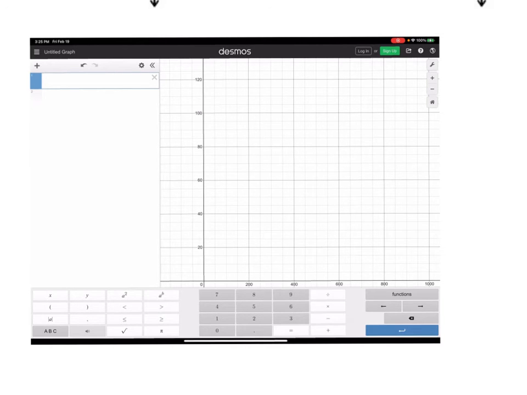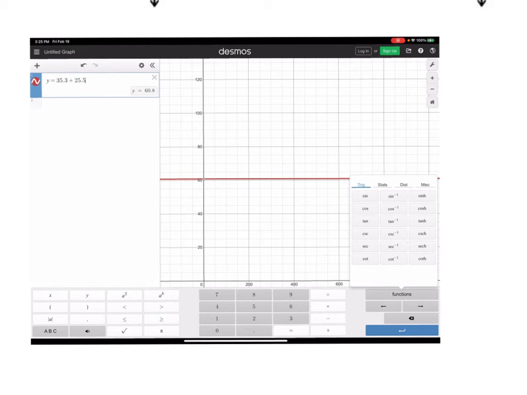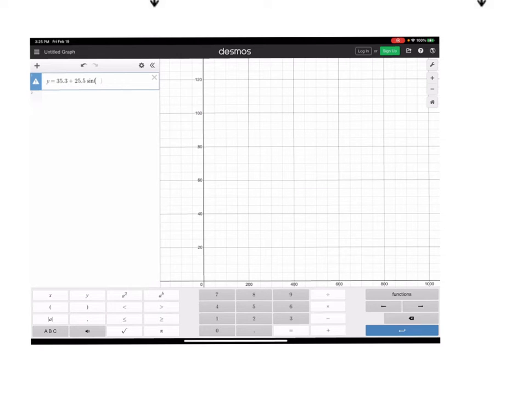So here I'm going to punch in y equals, so let's say 35.3 plus 25.5 times sine. I push functions and I press in sine, and I want 2 pi t over 365. So 2 pi is over here.